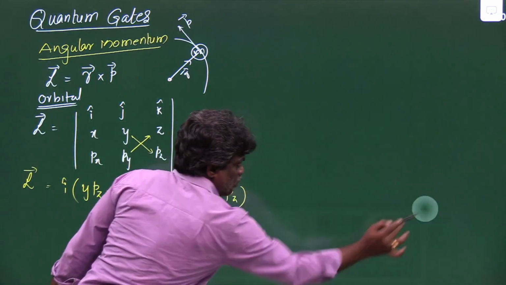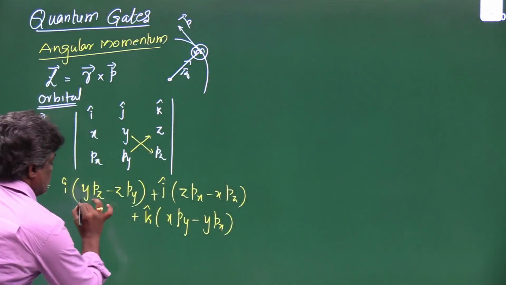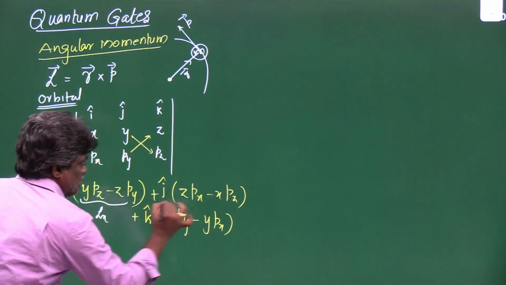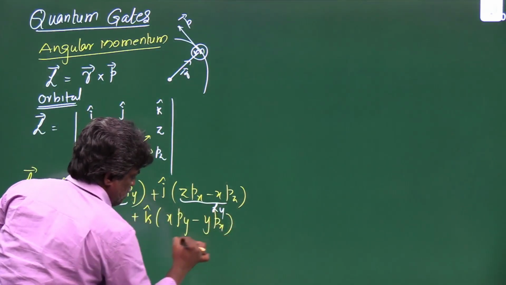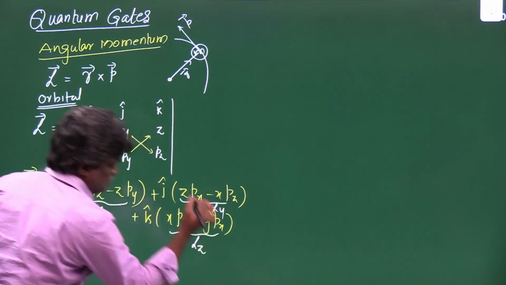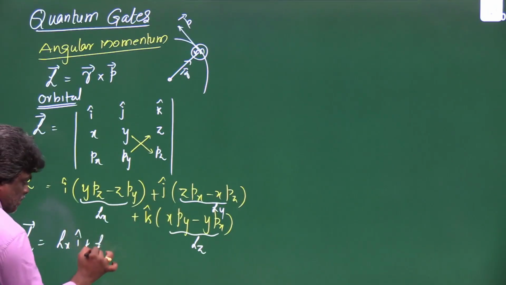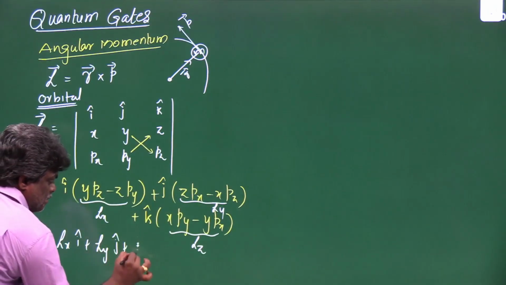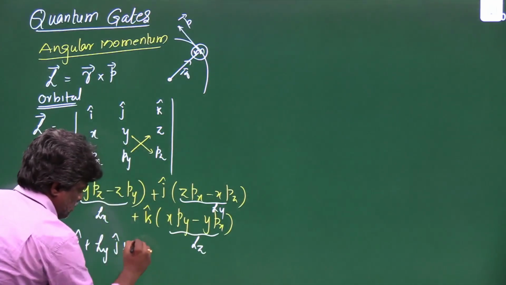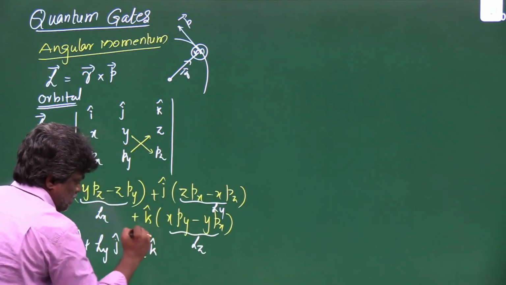So once you got this L bar, this is nothing but Lx, this is nothing but Ly, this is nothing but Lz. So we can write this orbital angular momentum L bar as Lx i cap plus Ly j cap plus Lz k cap. Good. Okay.